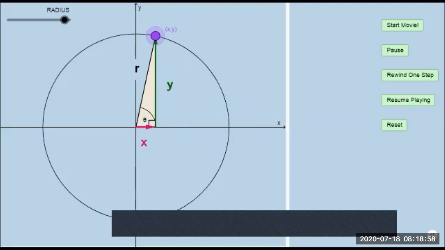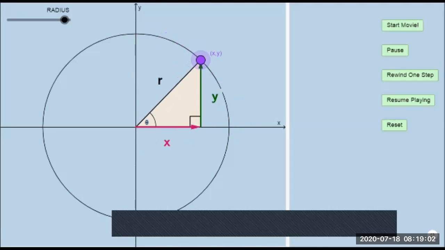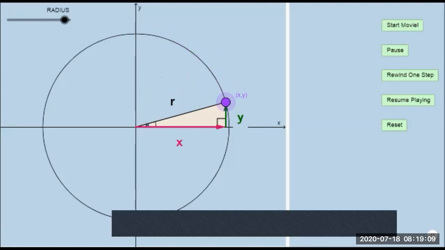As the theta is decreasing, you see my red arrow is increasing and my perpendicular is decreasing. As my theta becomes very small, my perpendicular also becomes very small, and my base or the adjacent side x is increasing to the extent that when theta becomes 0, you can see the red line becomes equal to the radius of the circle.